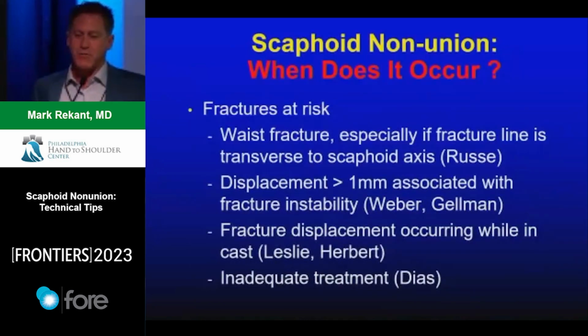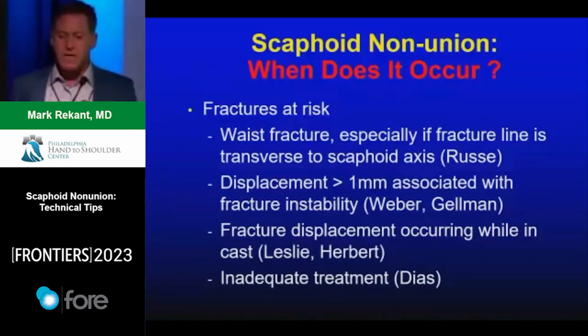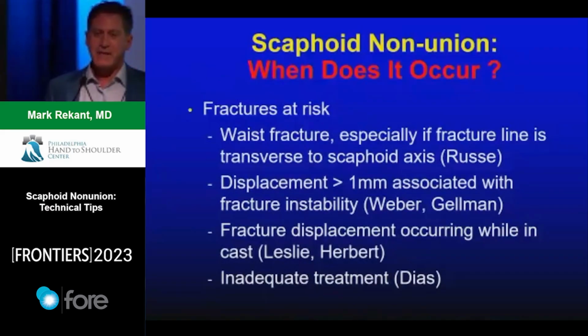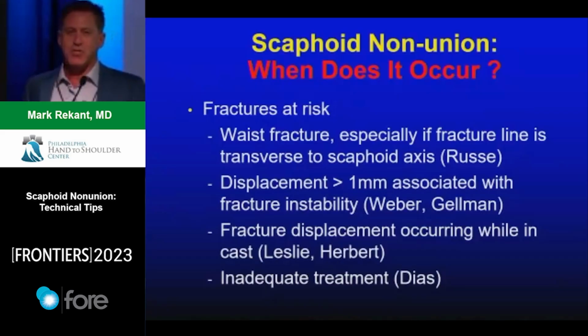What fractures are at risk? Sometimes waist fractures, but those generally will heal pretty well. Weber and Gelman showed that displacement matters. So the greater the displacement, of course, the higher the likelihood of nonunion, again, because of that vascularity problem and fracture displacement. And then last but not least is inadequate treatment.